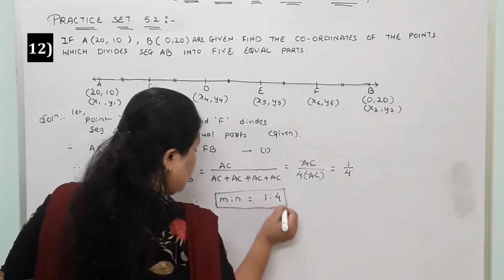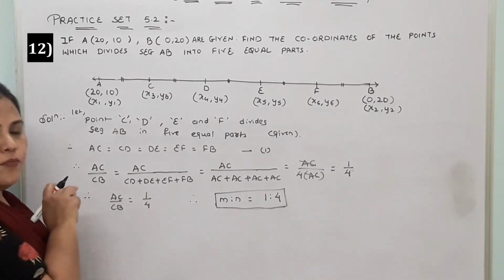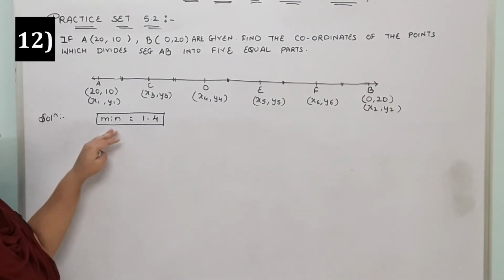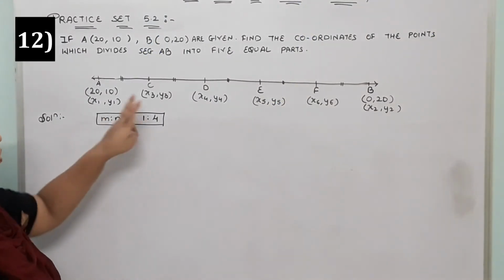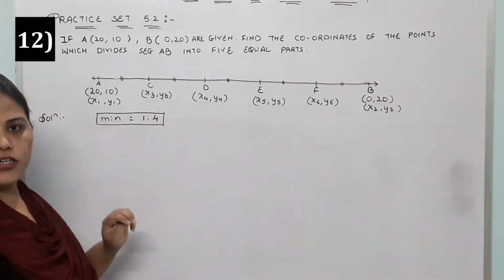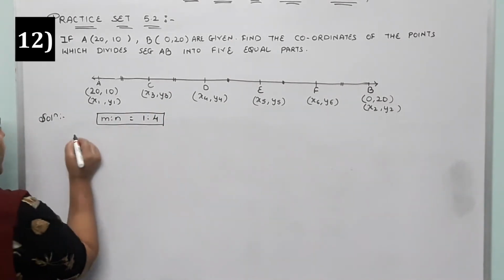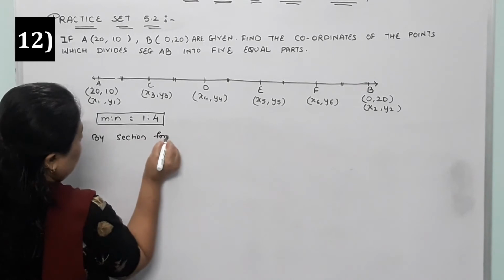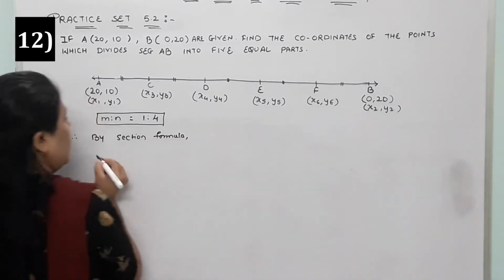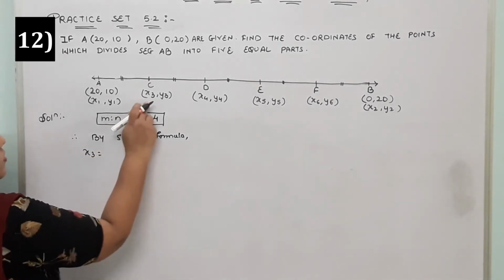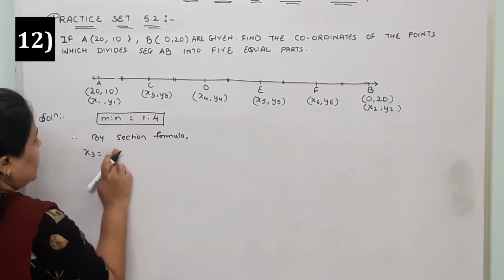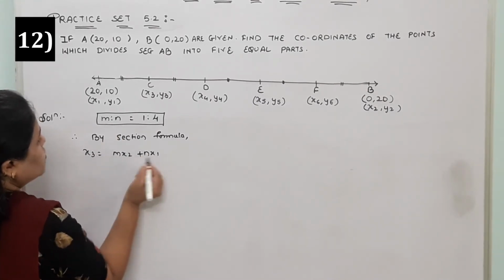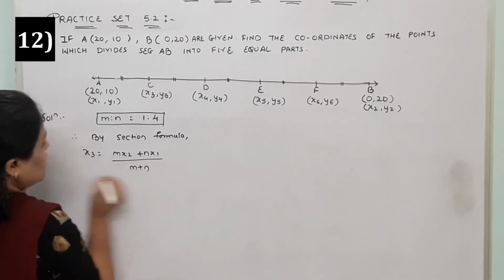Now, by applying the section formula, we can get the coordinates of point C. Okay, note it down first. Now we got the value of m is to n as 1 is to 4. So by applying the section formula, we can get the coordinates of point C. See how? Therefore, by section formula, x3 equals mx2 plus nx1 upon m plus n.